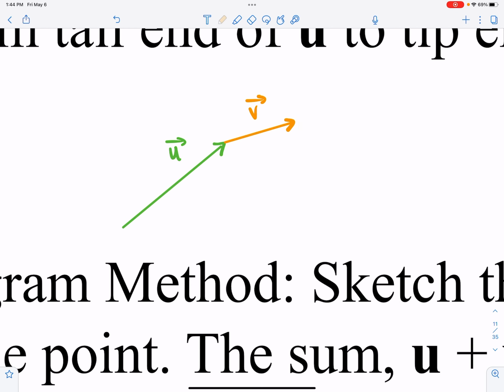The resultant vector, the vector that we get from adding the two vectors together, would be going from the tail of u to the tip of v. So this vector here would represent the vector u plus v. I could name it something different, like I could call that vector w, but that vector w would be the result of adding vector u and vector v together. So this is what we call the resultant vector.